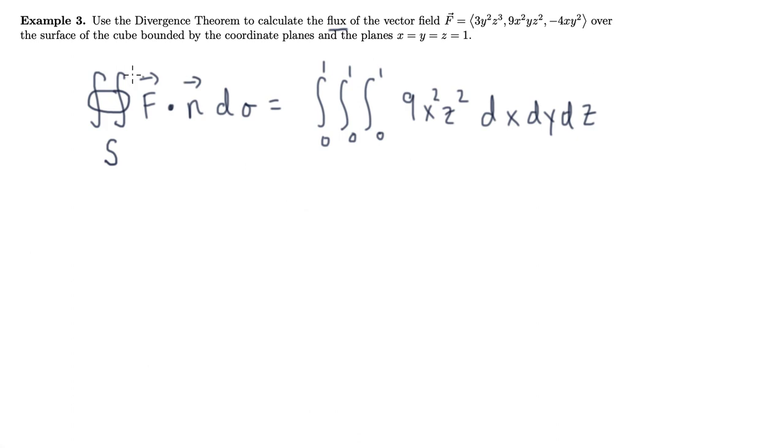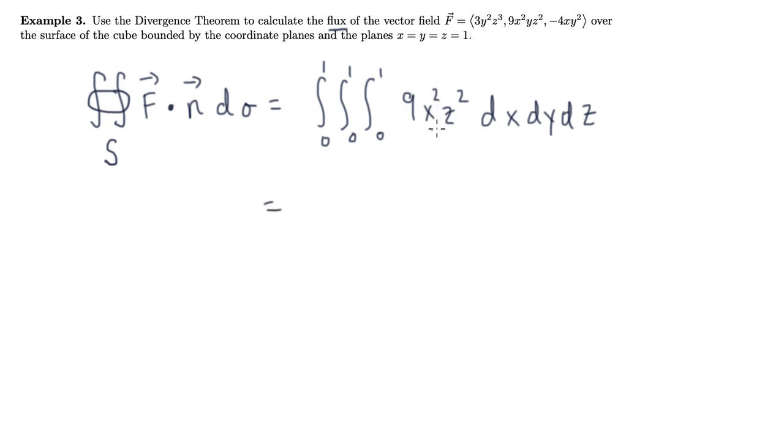I mean, if you tried to do the flux over this cube, it might take you a few hours to do. You should never do that. This is the point. You should convert it to a triple integral. Okay, so what do we get? This is not so hard.